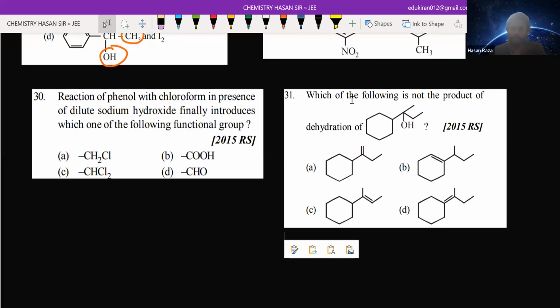Reaction of phenol with chloroform in presence of dilute sodium hydroxide finally introduces which one of the following functional groups?